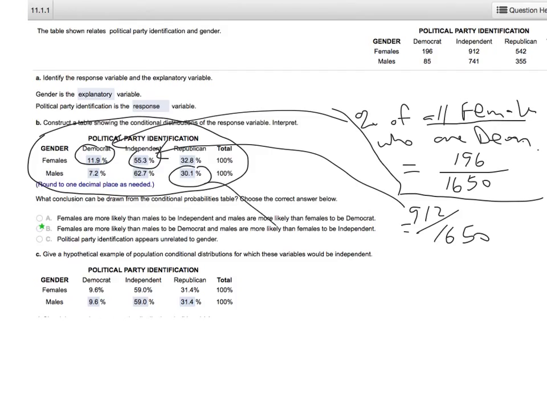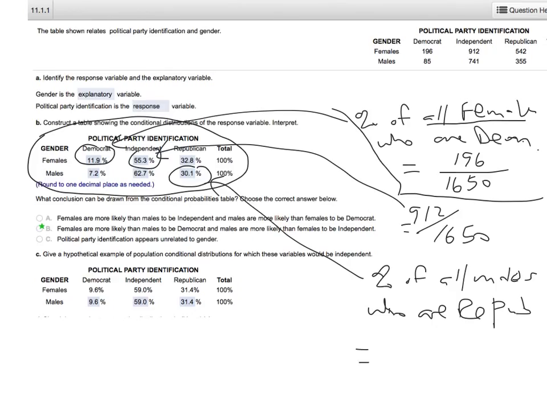So this number should be the percent of all males who are Republicans. And we know how many males there are. And again, it's back to the calculator. There are 1,181 males in this particular problem.